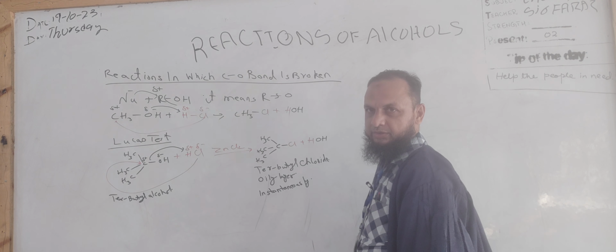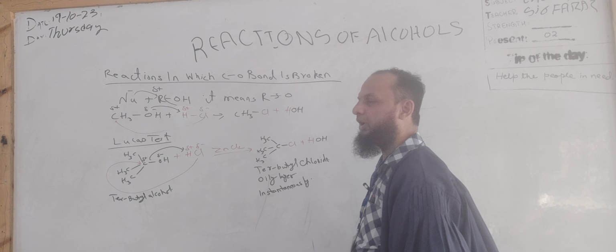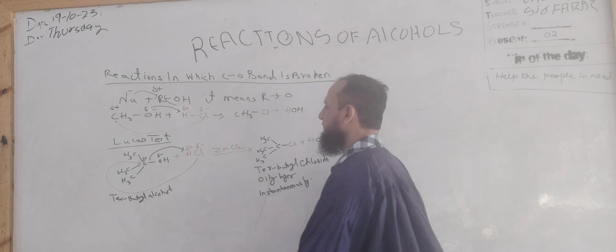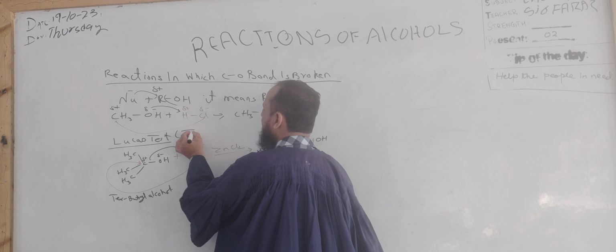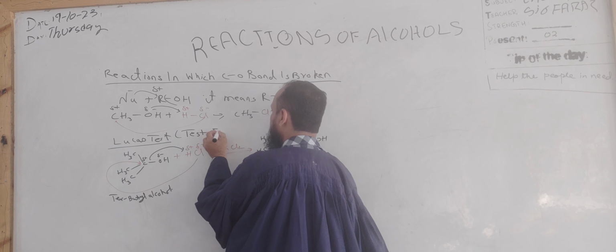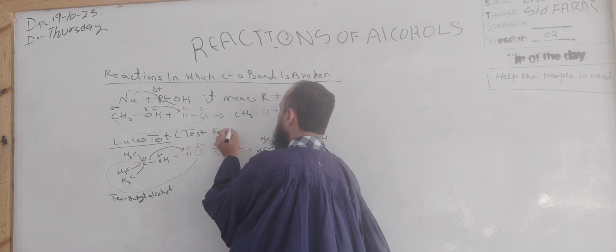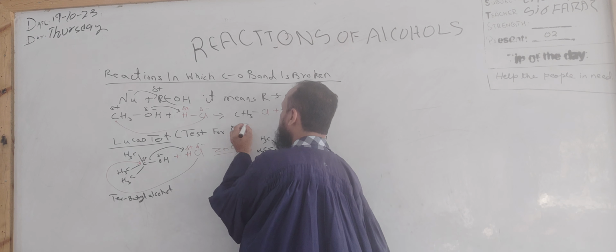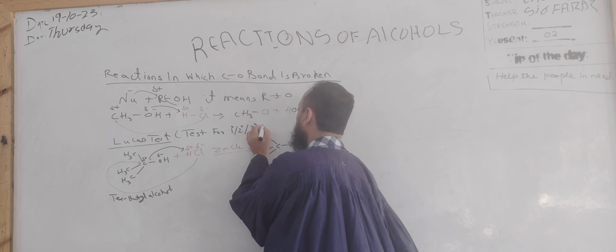Basically, this test tells us about the presence of primary, secondary and tertiary alcohol. This is a test for the detection of 1 degree, 2 degree or 3 degree alcohol.